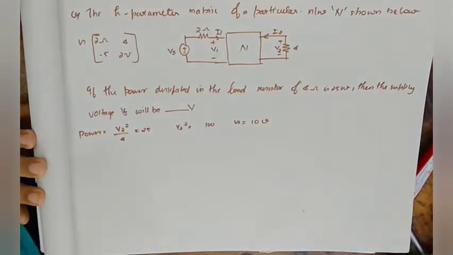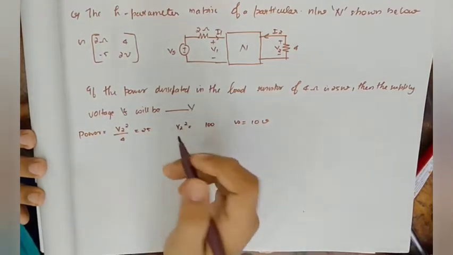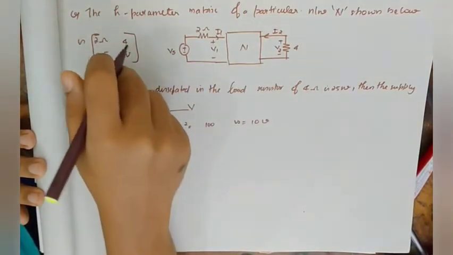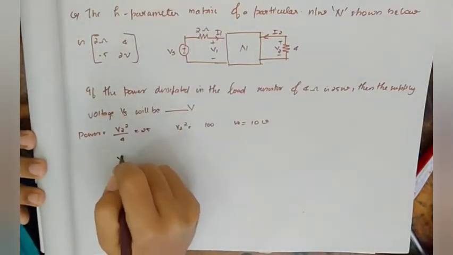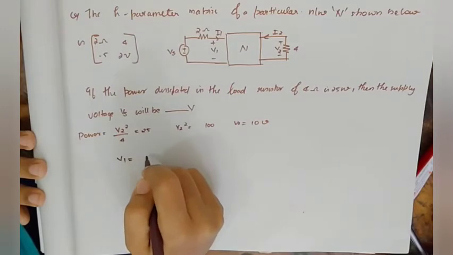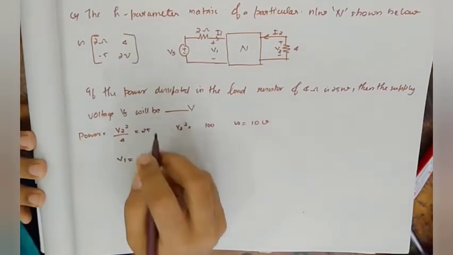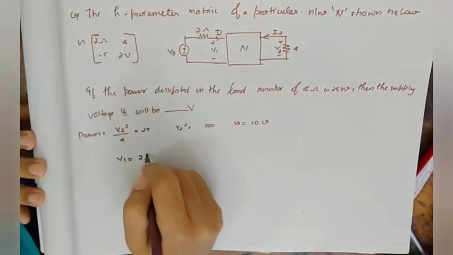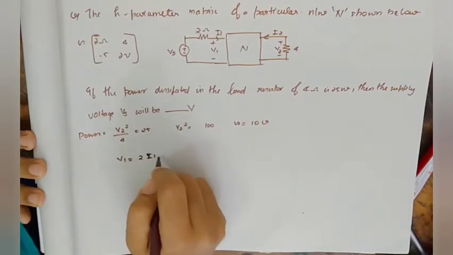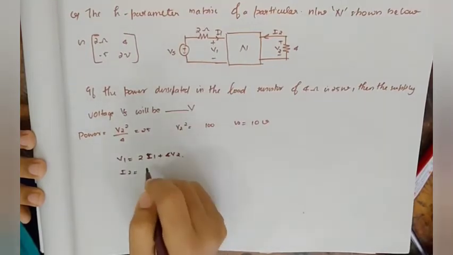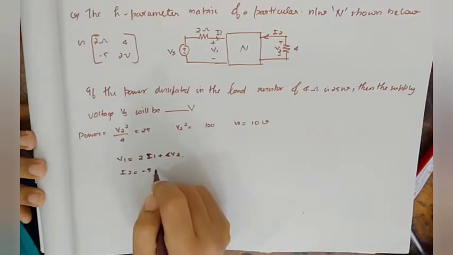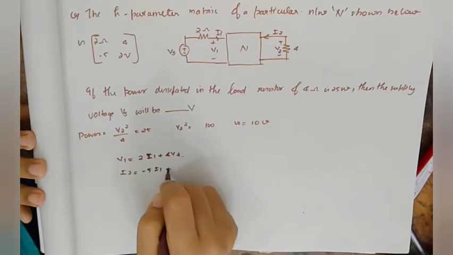And now we have to find out what is Vs. So before that, I'll write the equation for the network, the hybrid parameter. So V1 is equal to H11 I1 plus H12 V2, okay. So H11 is 2, I1 plus 4 V2, and I2 is equal to H21 I1 plus H22 V2.